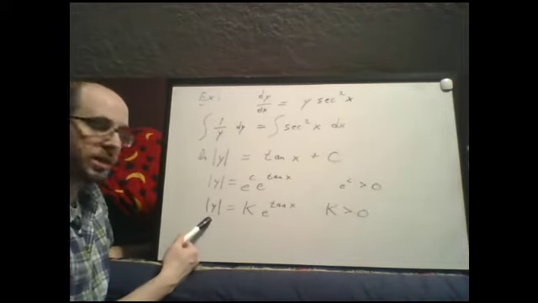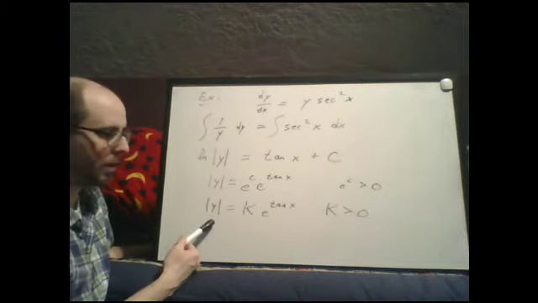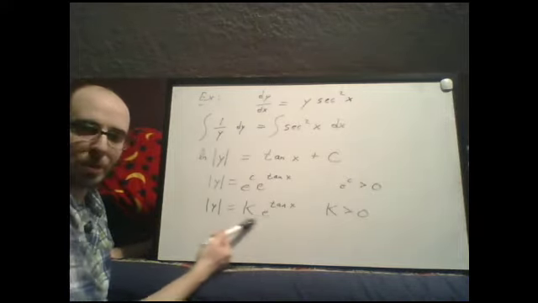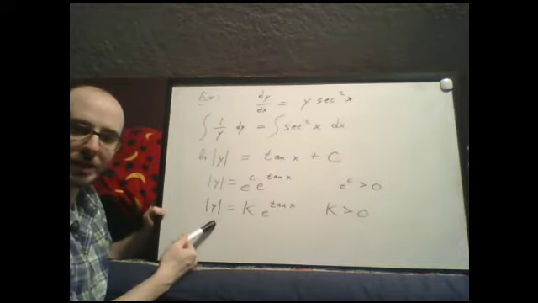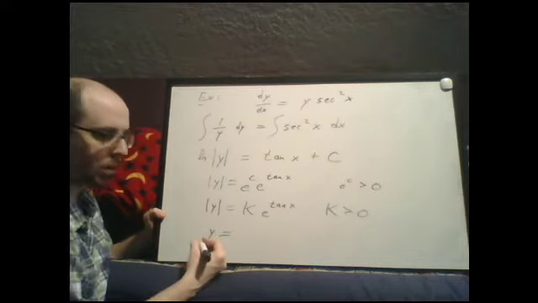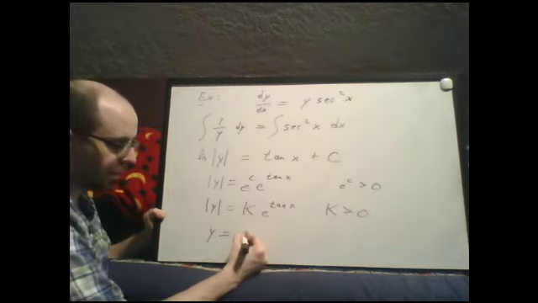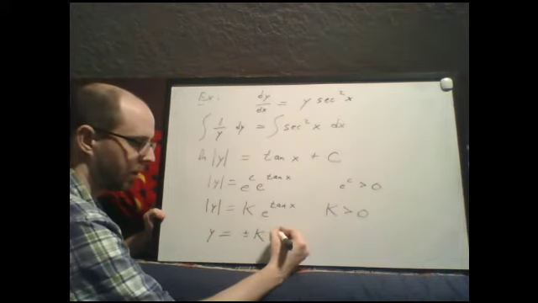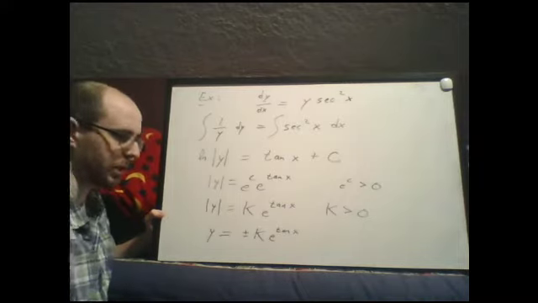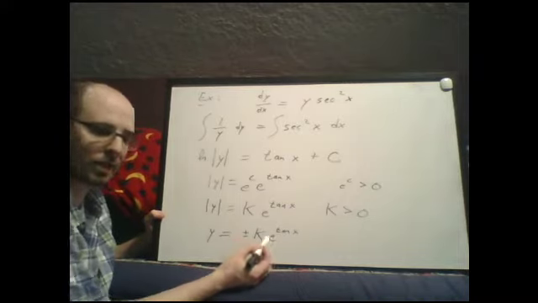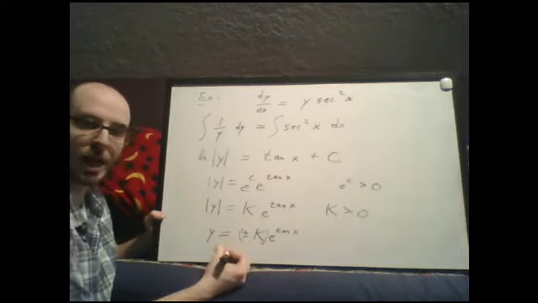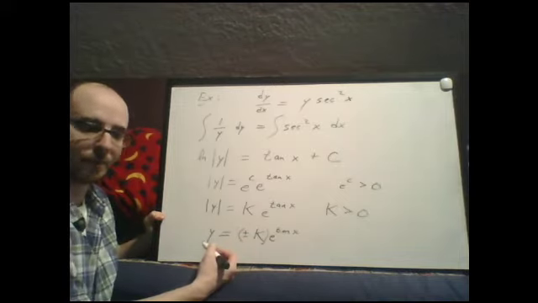But this is still absolute value y. When I have y and I take its absolute value, I get this, which is always positive. So if I forget the absolute value, y could equal plus or minus this. So we're getting every possible solution here. I could have positive k e to the tan x, or negative k e to the tan x. But this plus or minus k, I could just think of as another constant.